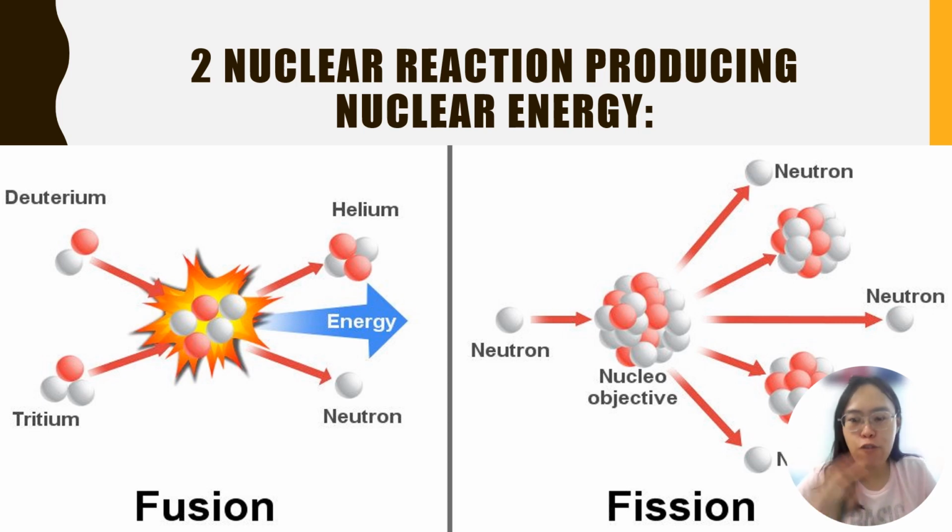In order to produce nuclear energy, there are two types of nuclear reaction: one is nuclear fusion, and one is nuclear fission. I usually teach students how to distinguish fusion from fission. Fusion comes from the word fuse: two elements or two atoms combine together to produce a bigger nucleus, at the same time releasing nuclear energy.